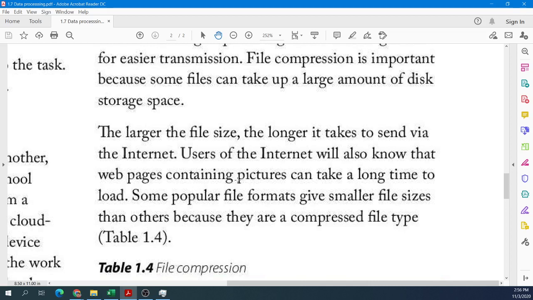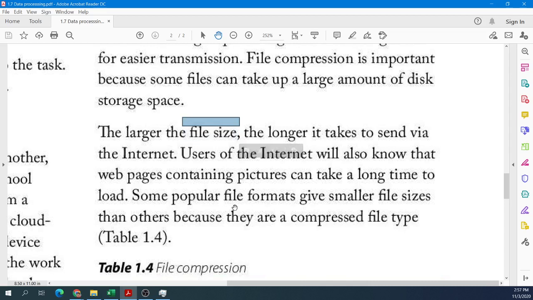So persons who develop websites, they would implement this into their website. They would know that certain file sizes are too large, and that is why certain websites might take a while to load, because you have to download all of the content that's on the website.